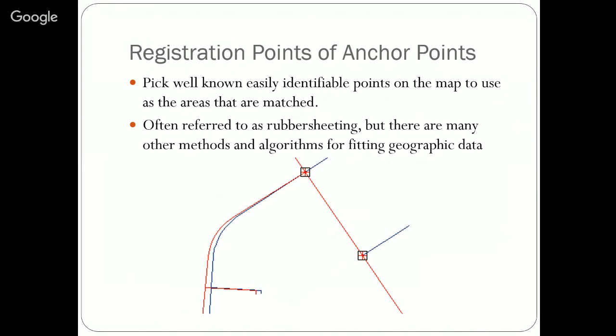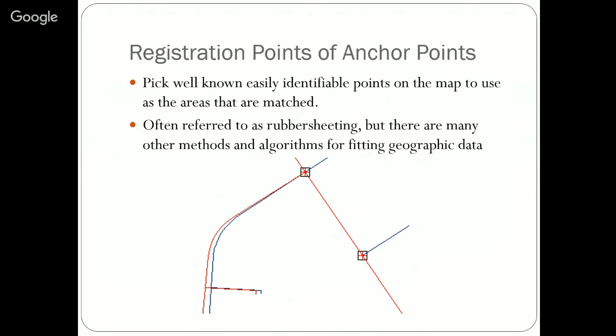It's pretty easy to see if you do this wrong, because you will have a lot of distortion in the map, or if you look at your error or the residuals that are often reported to you in a table or visually, those will be quite large. So always think about the units you're working with. If you're in UTM in meters, a spatial adjustment with residuals of 780 meters is not very good.